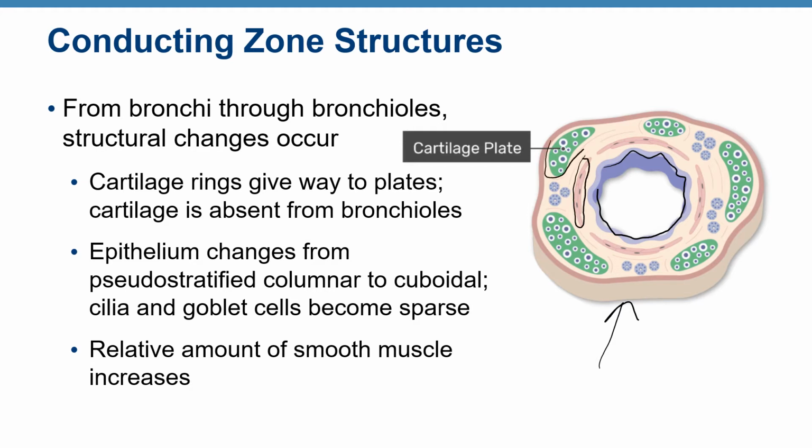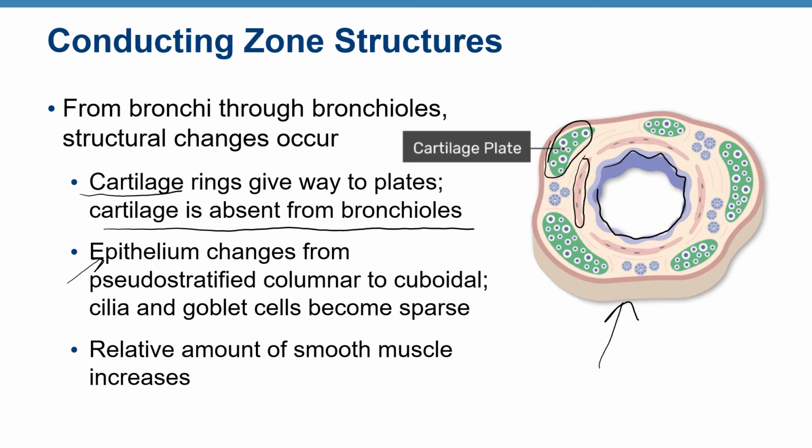This shown in green is cartilage, right? And so when we're getting to smaller and smaller bronchi, this cartilage plate became smaller and smaller, and then it's absent in the bronchioles.